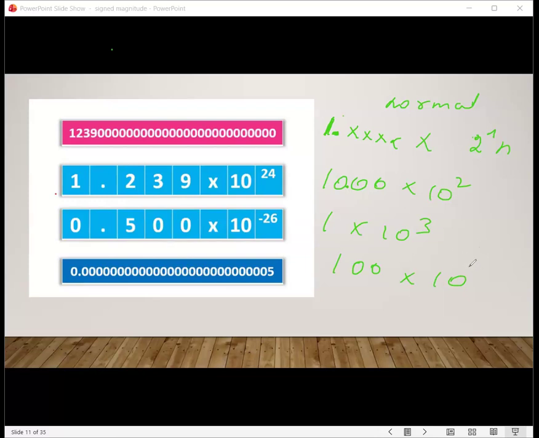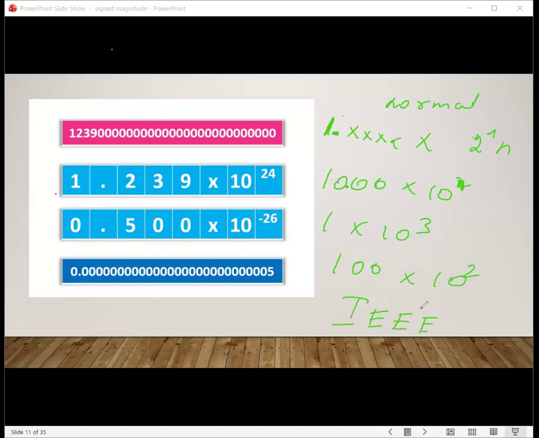So each one can write as they wish. Understood, Shahida? Yes, teacher.